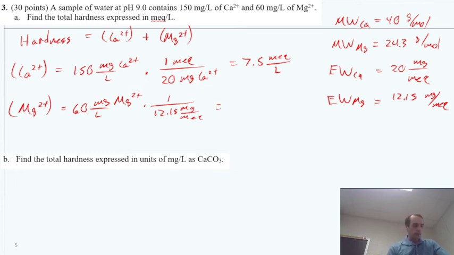Okay, and that should give us a value of 4.9 milliequivalents per liter. So then the total hardness is the two added together, which gives us 12.4 milliequivalents per liter of hardness.